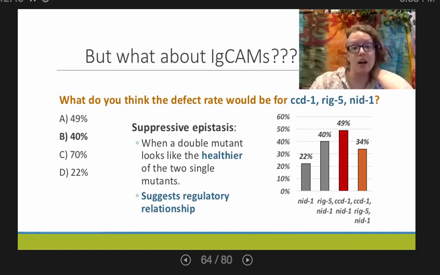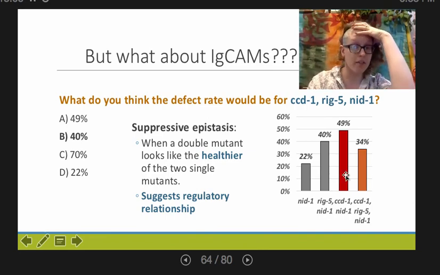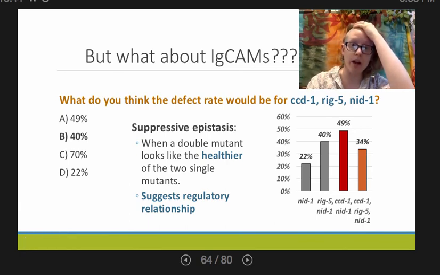And that is our scenario for Rig5. So remember, CCD1 is our babysitter, Rig5 is our toddler. If there's no toddler, nothing fancy is going to happen. But if there's no babysitter, we have a rambunctious toddler who's not being directed anywhere. And this toddler is going to run around causing extra problems.